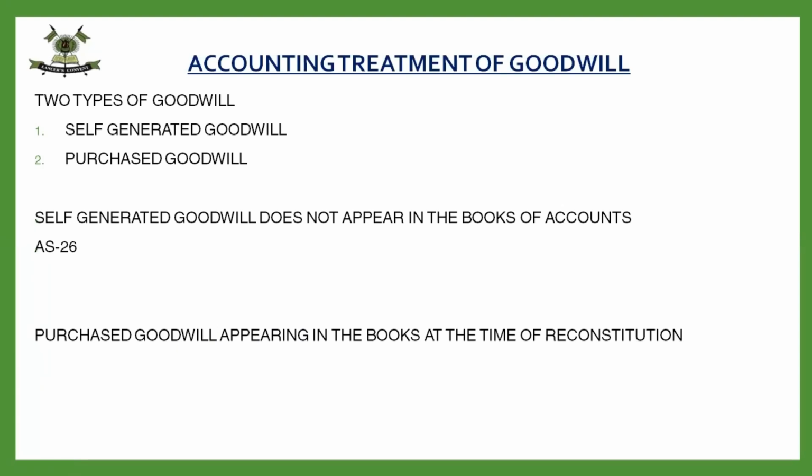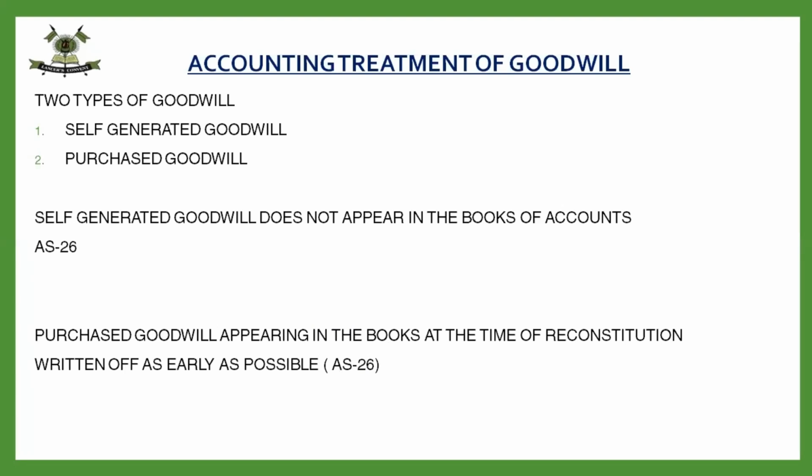And accounting standard 26 says that if any intangible asset is there, it has to be written off as early as possible. Fine. So before we start with a new agreement amongst the partners, we have to write off that goodwill appearing in the old balance sheet, the balance sheet before the admission.